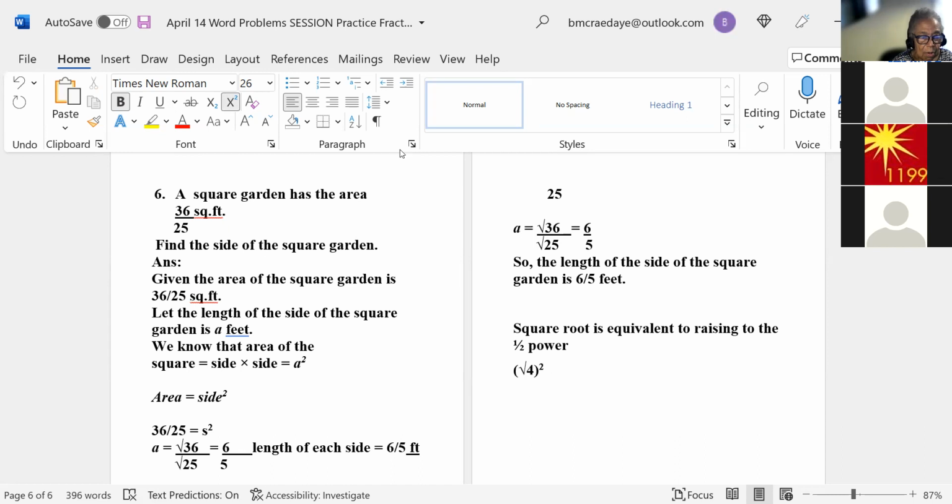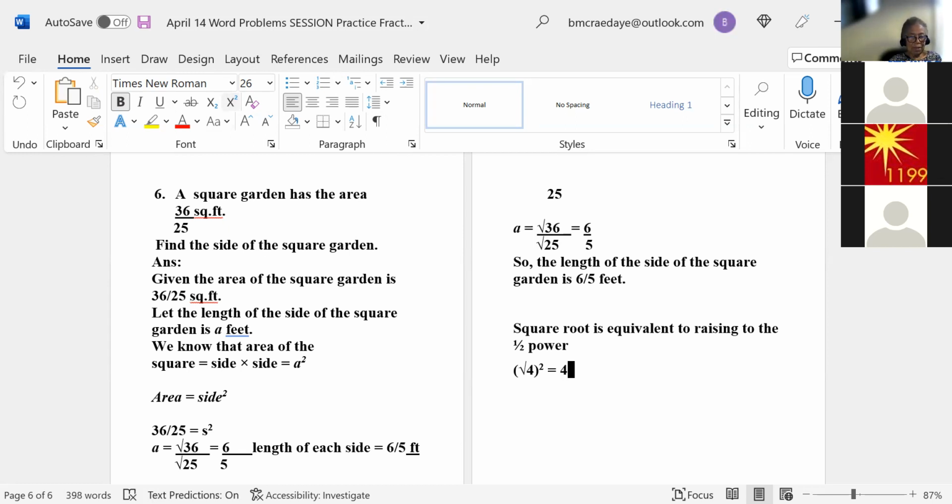The square root of 4 is 4 to the 1/2. So the square root of 4 squared would be 4 to the 1/2 times 2, which would just be equal to 4.